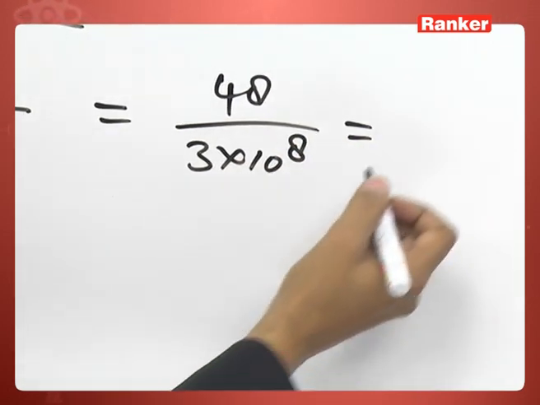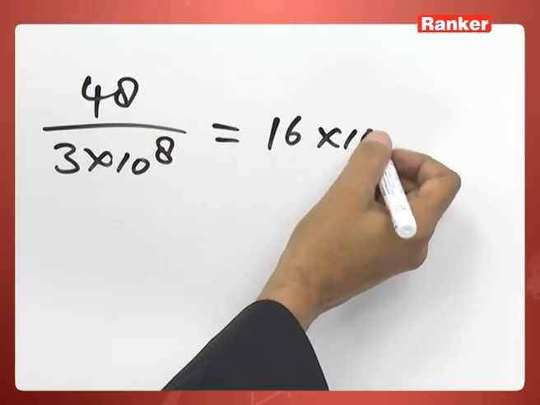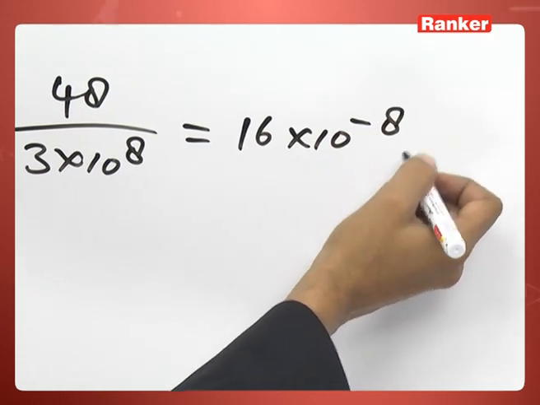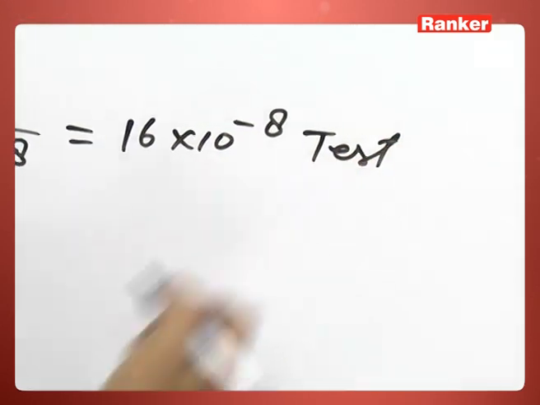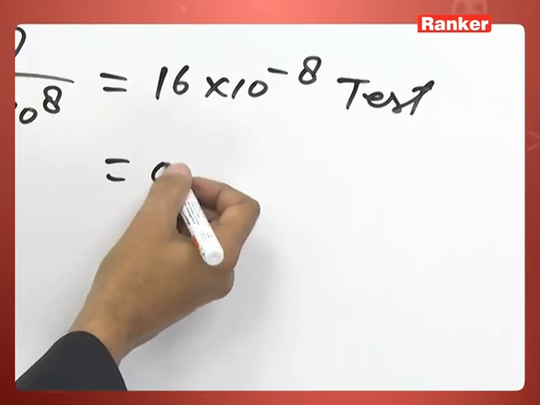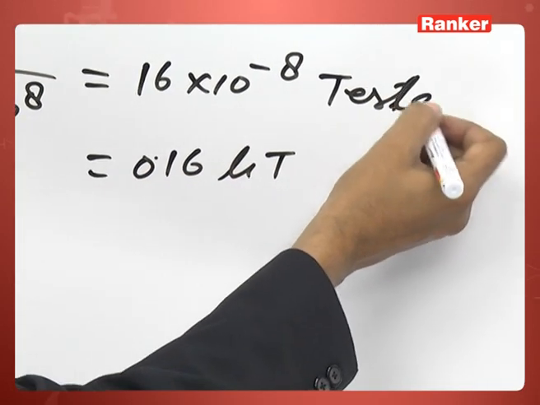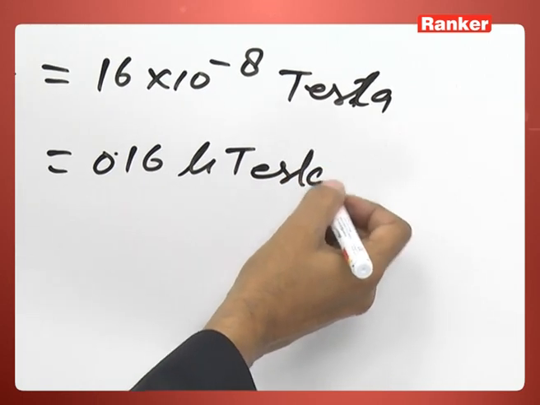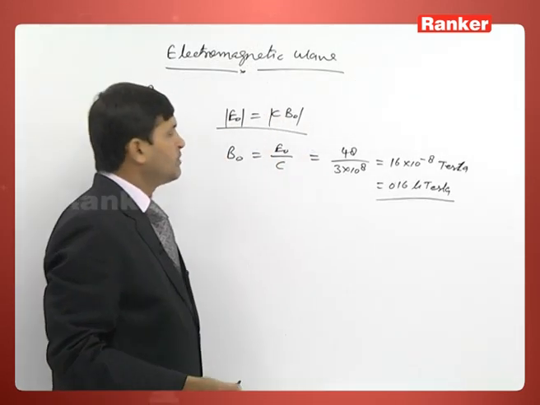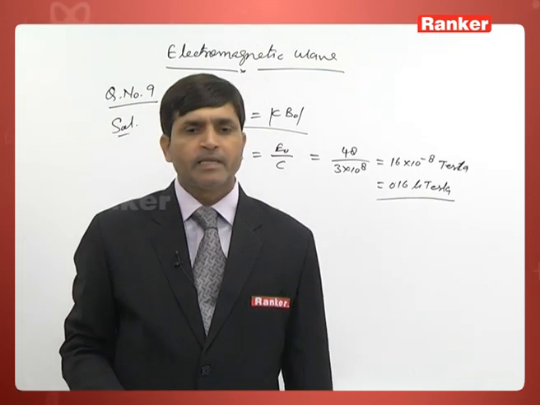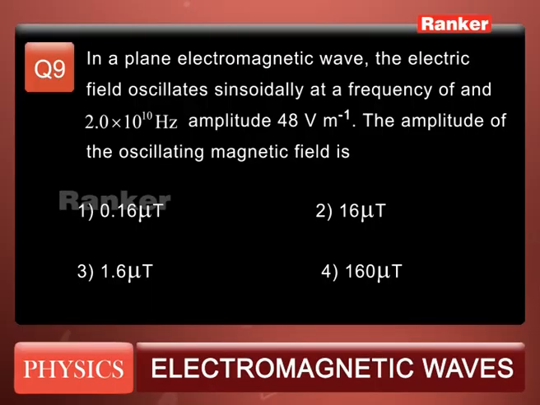So this becomes 16 into 10 to power minus 8 Tesla, or we can say 0.16 microtesla. This is the answer. So the magnetic field value is 0.16 microtesla. So the first option is the correct option.